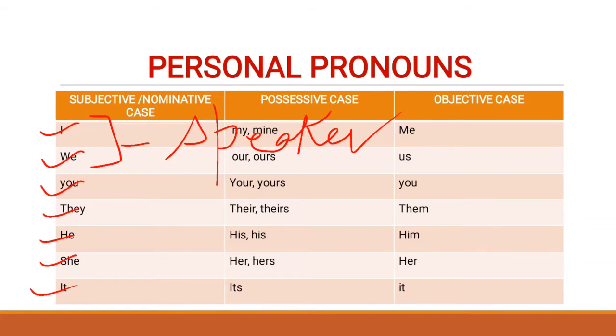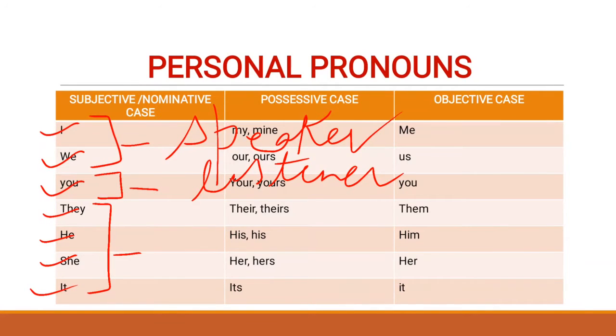When we talk about a second person pronoun, we include our pronoun you. Here, the second person pronoun refers to the listener, or you can say to whom we are talking. And a third person pronoun, which includes they, he, she, it, refers to the person being spoken of, or you can say about whom we are talking.